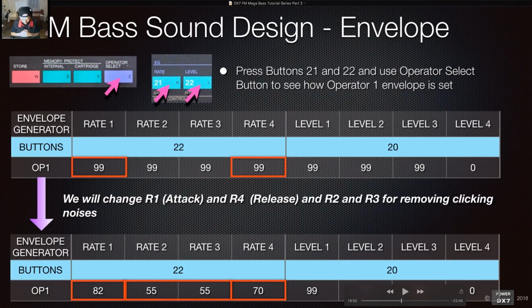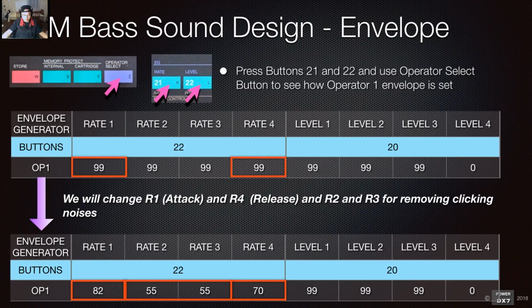All right, so for operator 1, make sure you do the changes. Rate 1 is 82, rate 2 is 55, rate 3 is 55, rate 4 is 70. We don't need to touch the level, because what we want is maximum sine wave output from start to end, so we make it a flat envelope, with just a slightly slower attack and a bit of release.